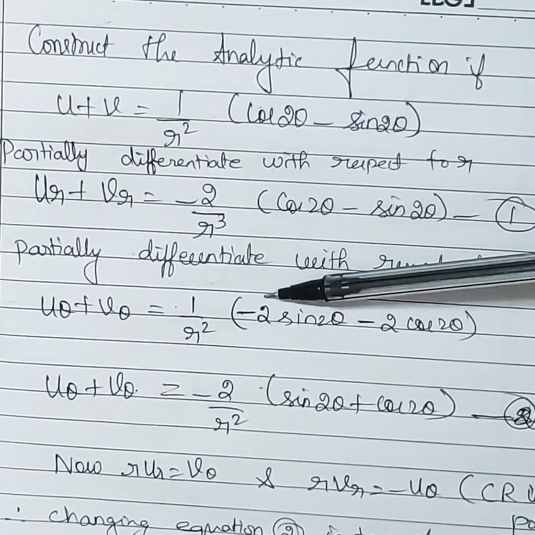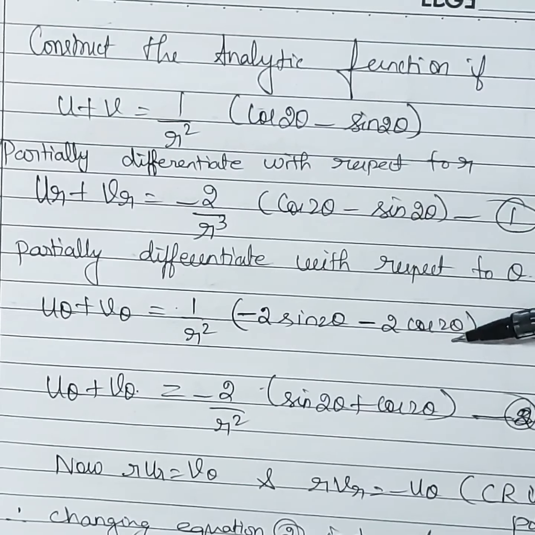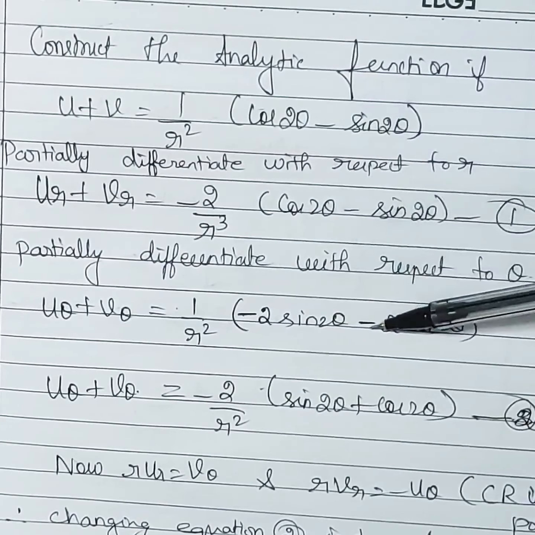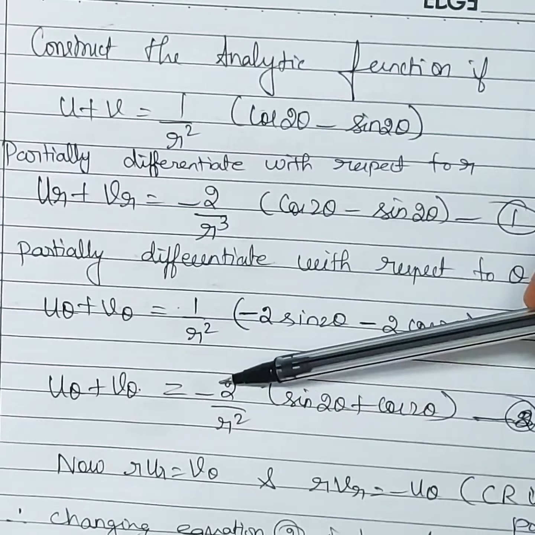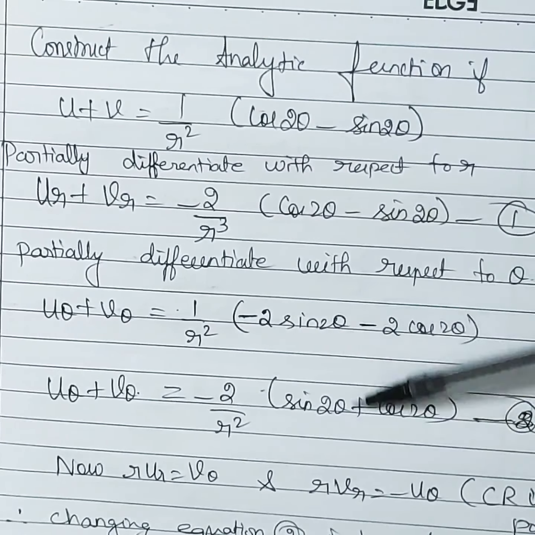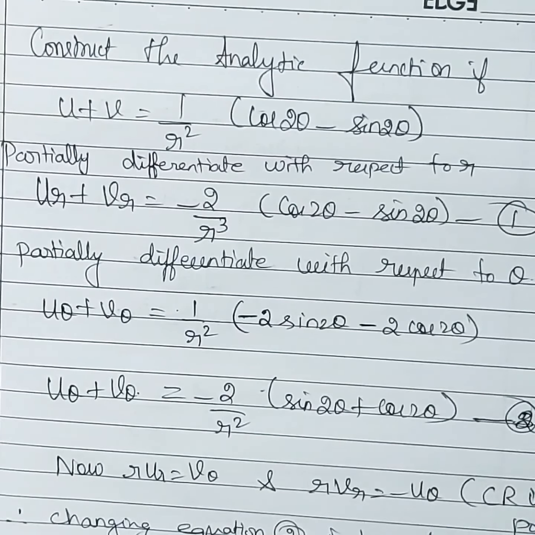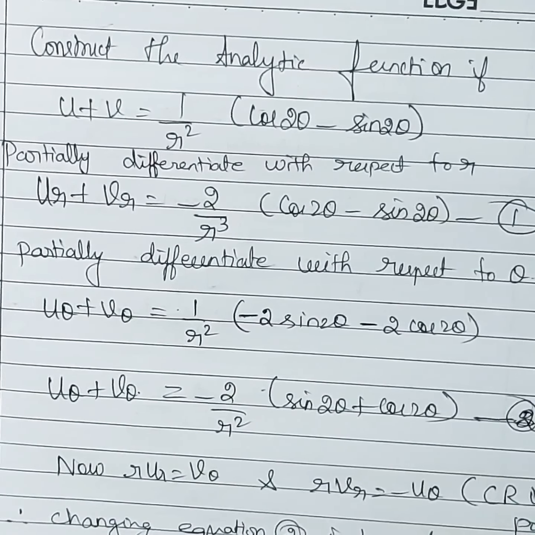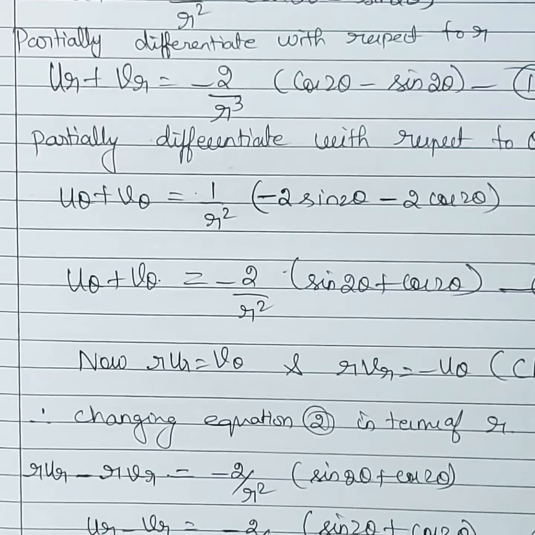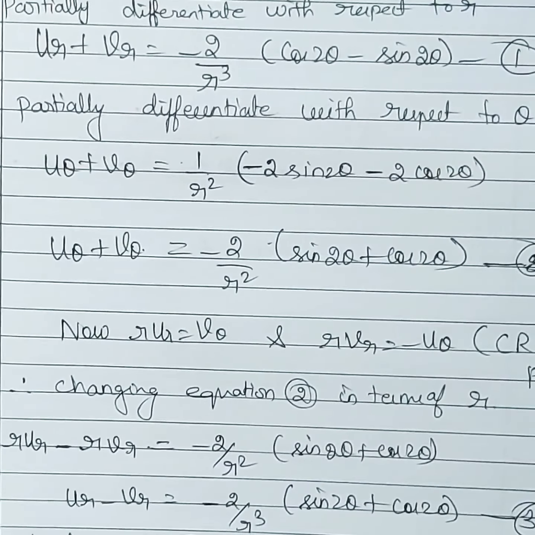Cos differentiation is minus sin, sin differentiation is plus cos, but this negative sign is coming here. So now we have two negative signs, and we take that outside: minus 2 by r square (sin 2 theta plus cos 2 theta). Easy for us to calculate. So we have partially differentiated with respect to r and with respect to theta.